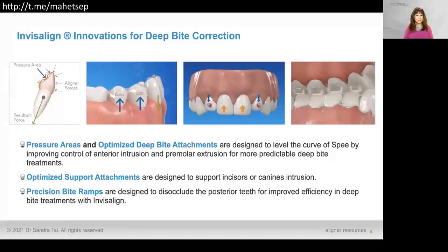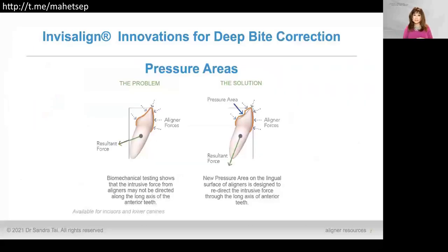With the G7 innovation, there are now optimized support attachments designed to support incisor or canine intrusion. And finally, precision bite ramps are designed to disclude the posterior teeth for improved efficiency in deep bite treatment with Invisalign clear aligners. So now we're going to look at every single one of these innovations in greater detail.